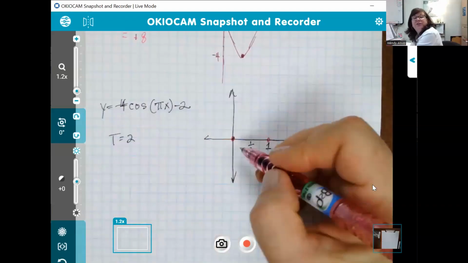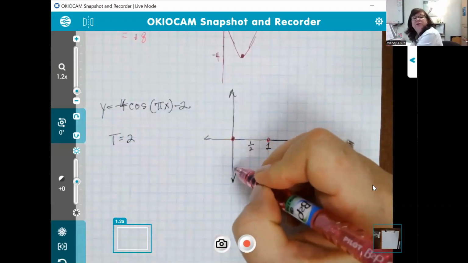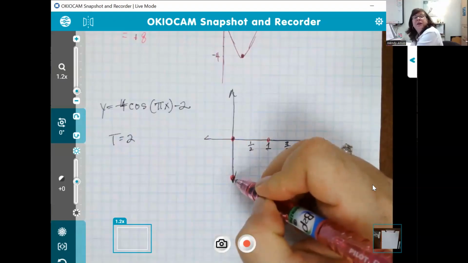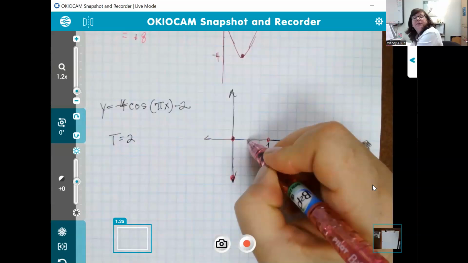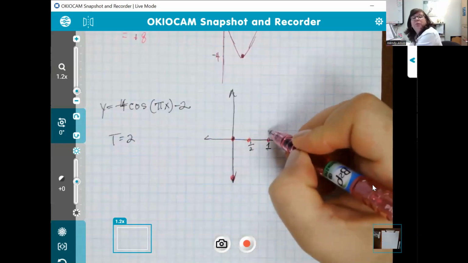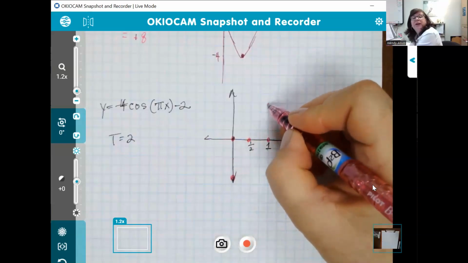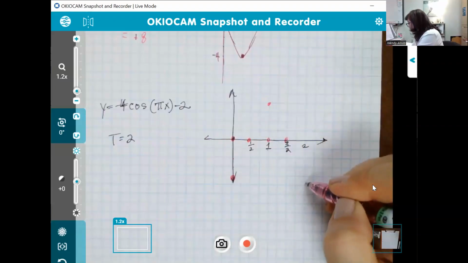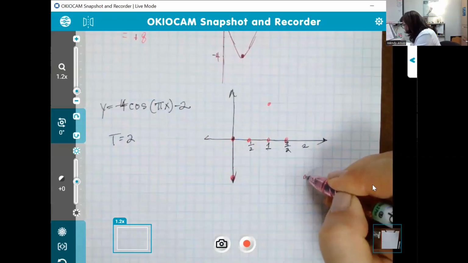So we're actually going to start at -4: -1, -2, -3, -4. So I'm going to start down there. Then I'll be at 0 here, and then go up to 1, 2, 3, 4 here. Then we go back down to 0, and then back down to -4.